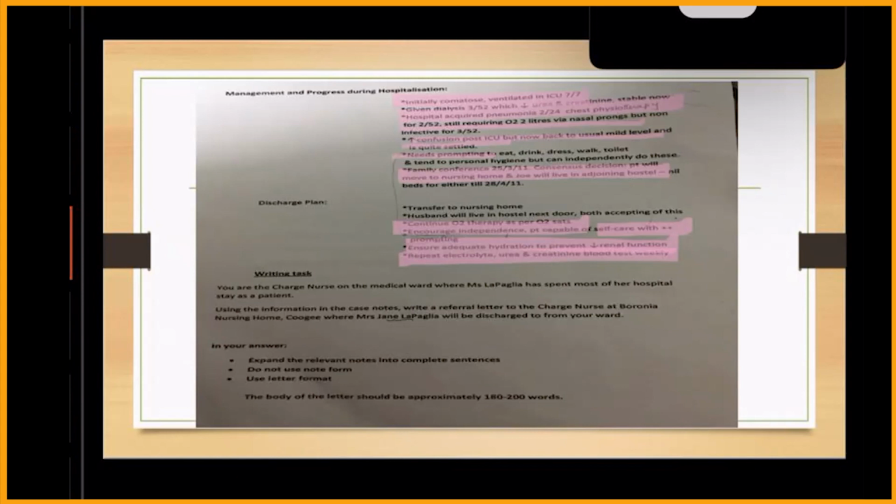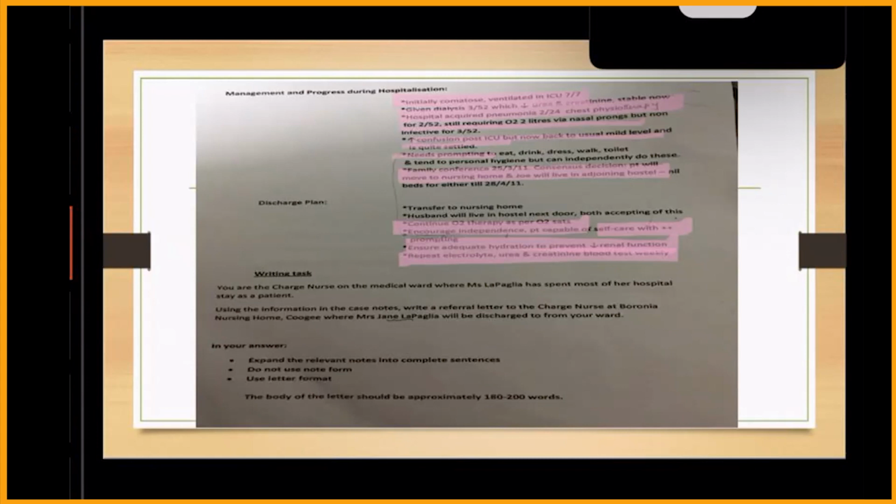pneumonia for which she was initiated with oxygen and chest physiotherapy. However, put a semicolon, however, she still requires 2 liters of oxygen through nasal prongs.